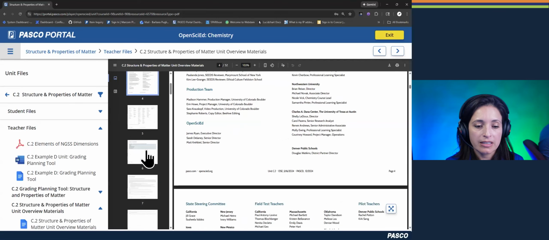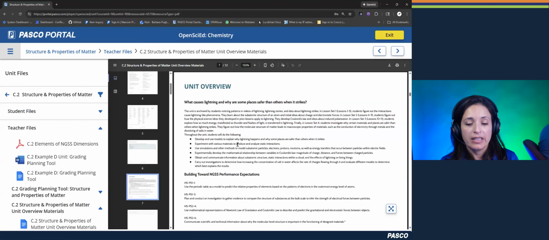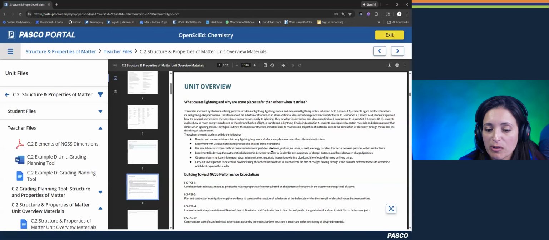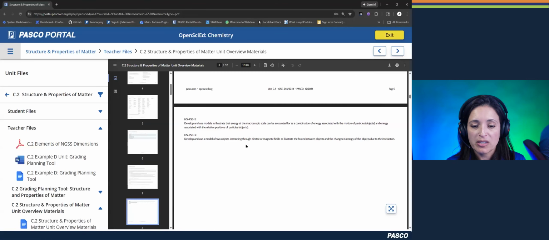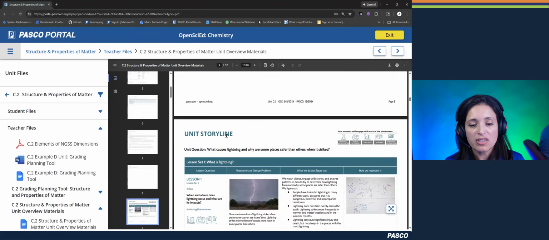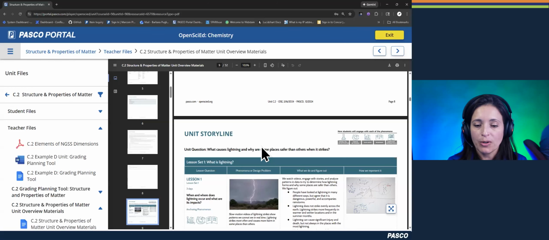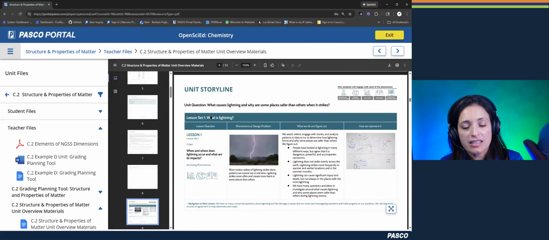I'm going to jump to the overview. Here we have, again, a summary of what we're going to learn throughout all of the lessons. Here are the NGSS standards that we saw previously. Here's the storyline, and this is a summary of the questions that students will naturally drive towards. Lesson sets, I'll talk about that in a moment, but each lesson tells you how long it takes. So this lesson 1 says it's a 3-day lesson.